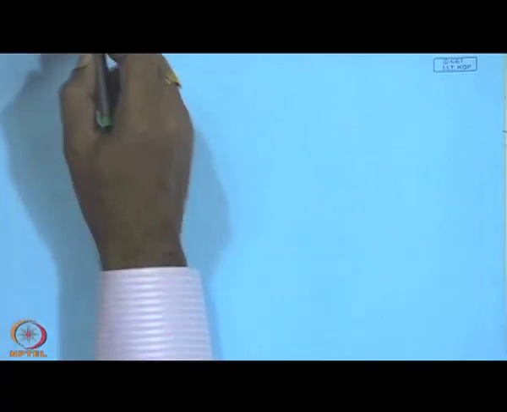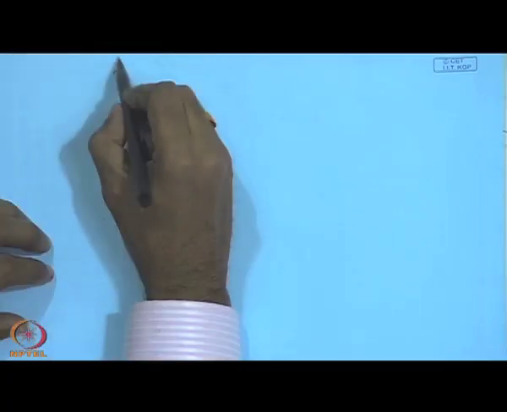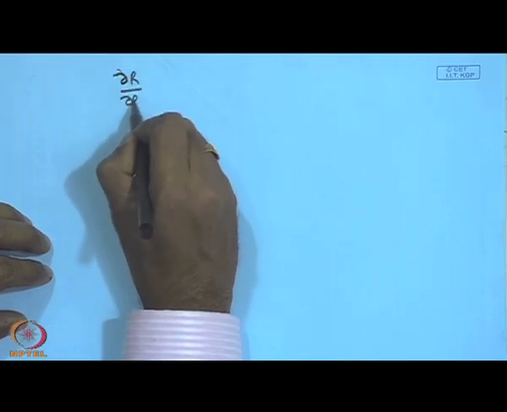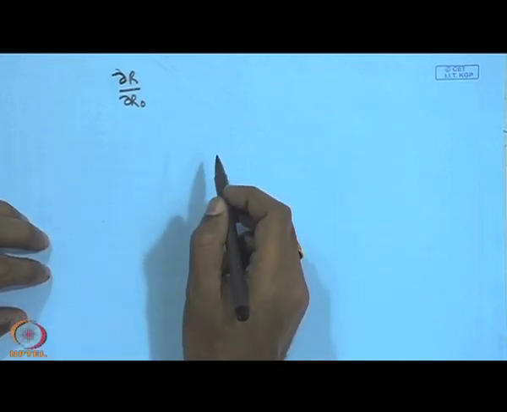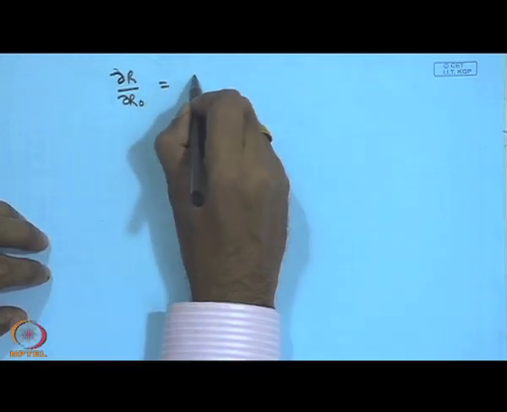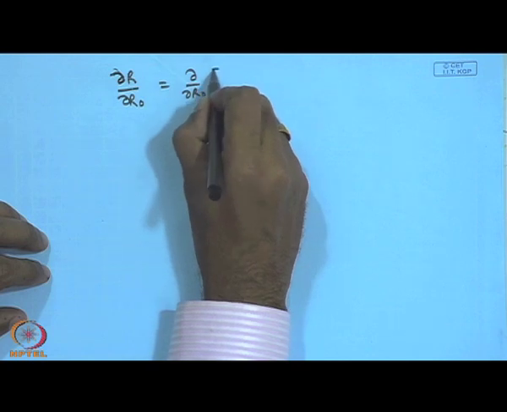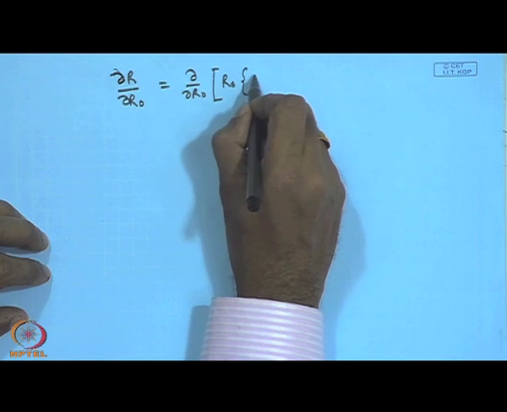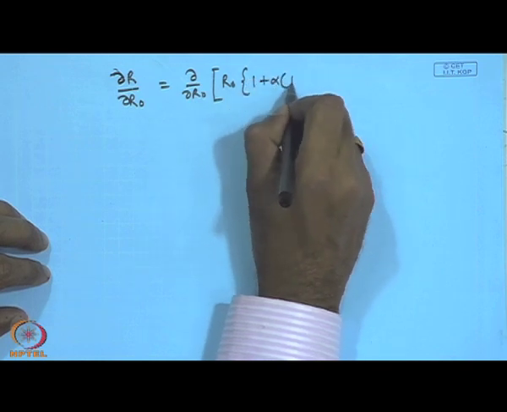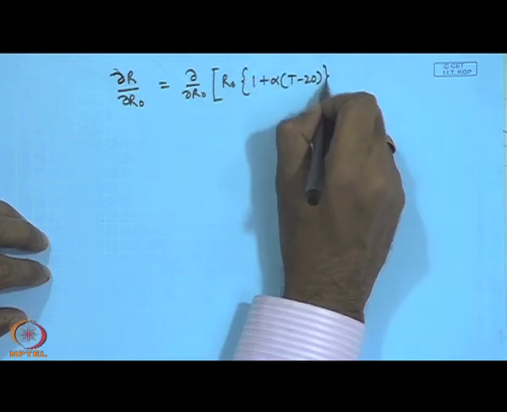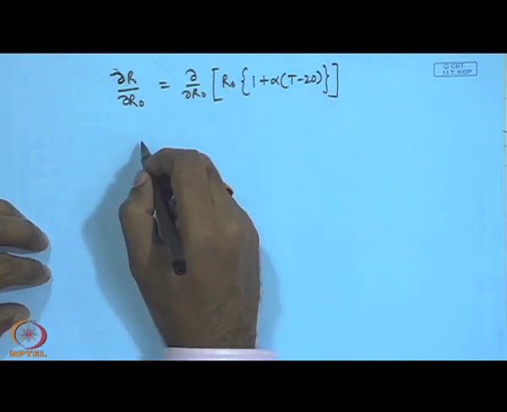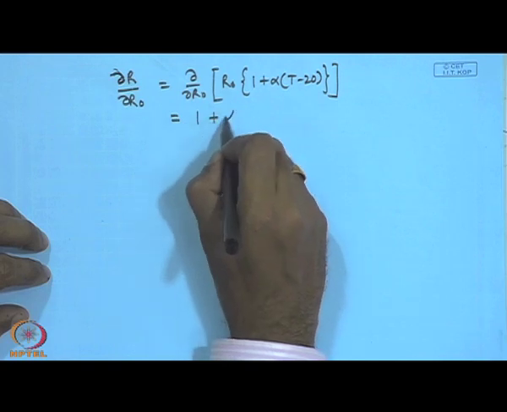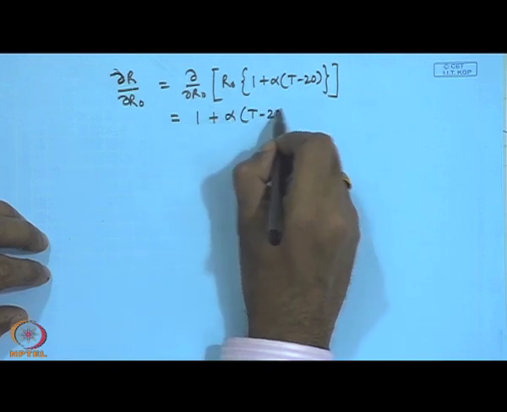So, we need del R by del R0, which is nothing but 1 plus alpha into T minus 20.